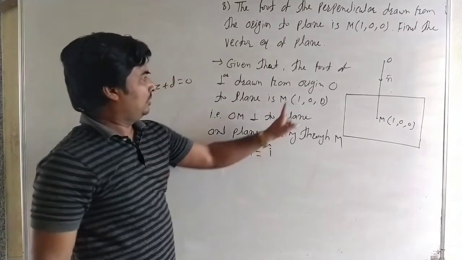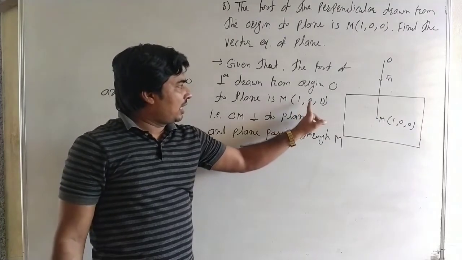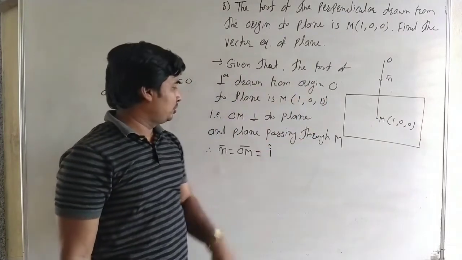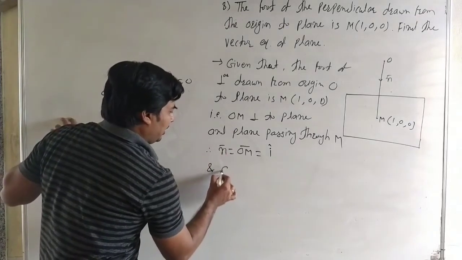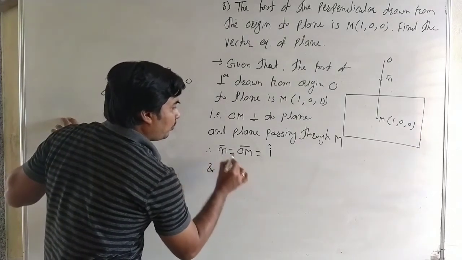See carefully: M is (1, 0, 0) and the origin is (0, 0, 0), so it is only i cap.